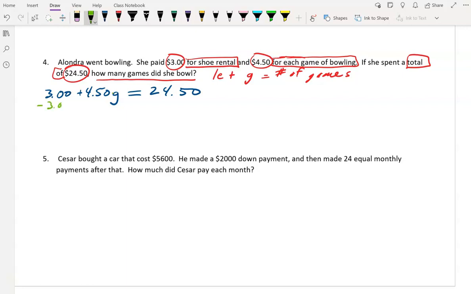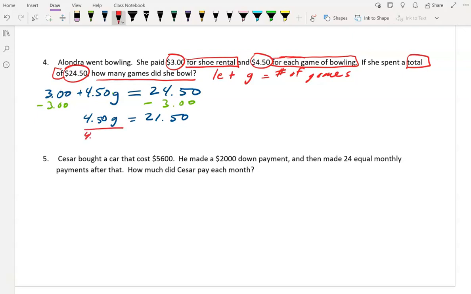We are going to subtract the $3. And when we do that, we get $4.50 times G equals $21.50.